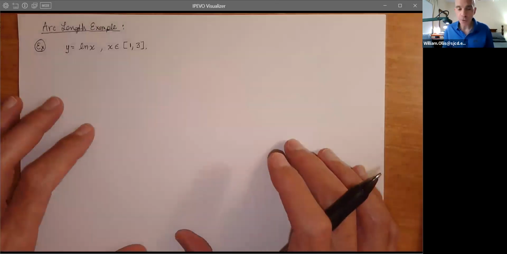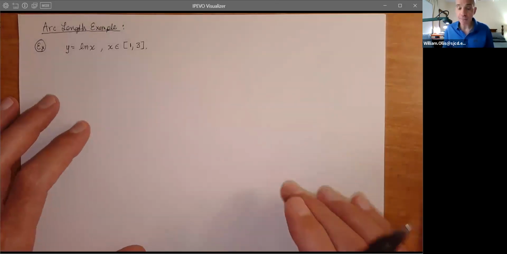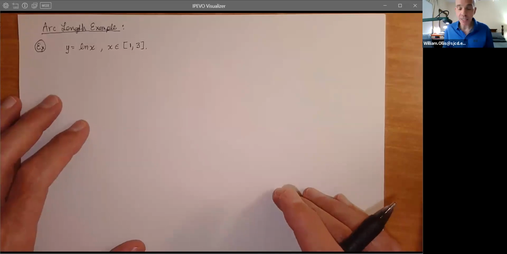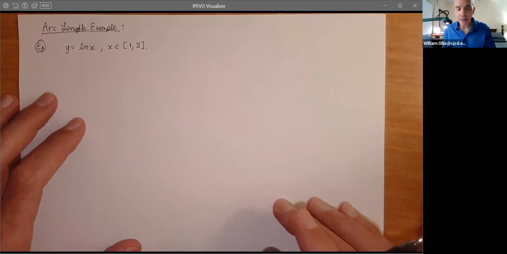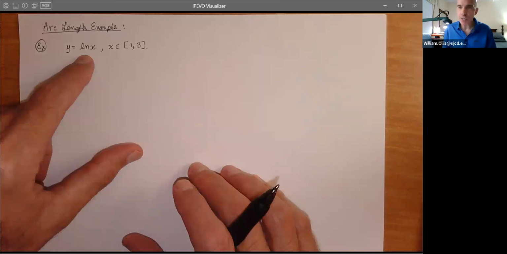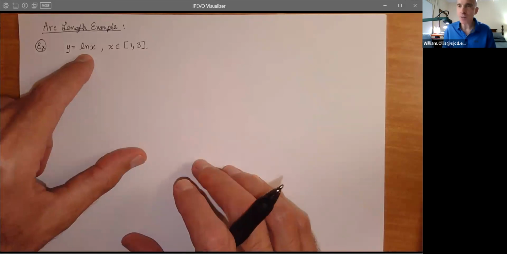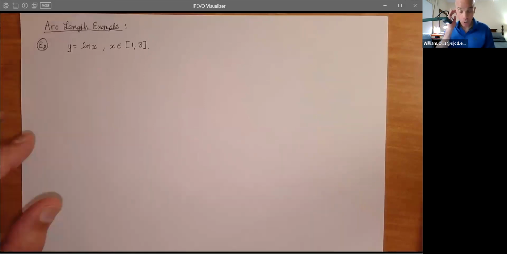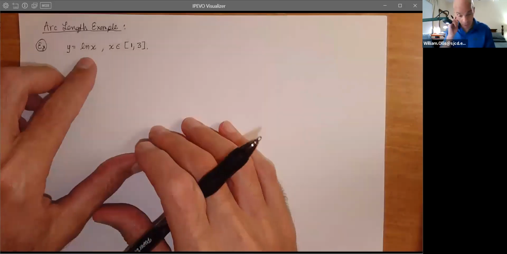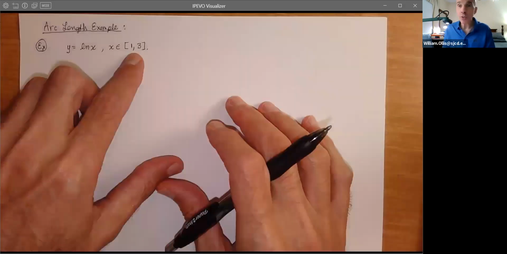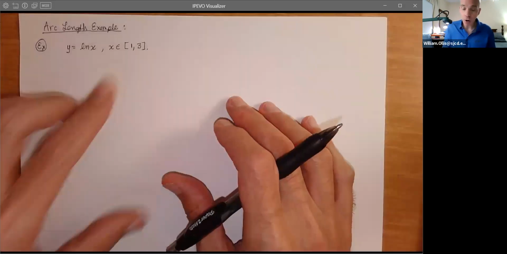Now, another curve, I thought this was a good example that I found in your textbook, is a curve that you talk about at length in college algebra and pre-cal, and that's the natural logarithm. So what we wanted to do in this particular case is to take the natural logarithm on the set 1 to 3 and compute the arc length.